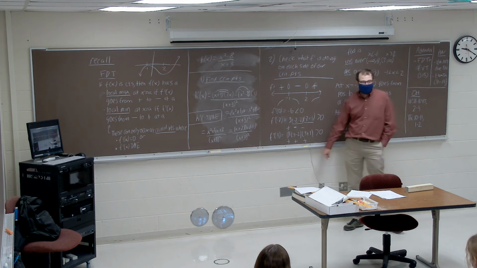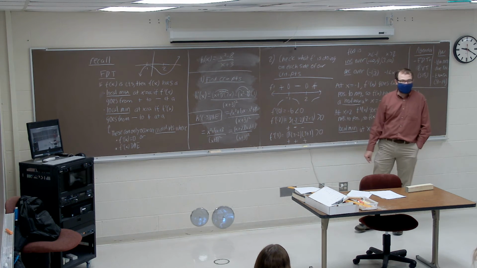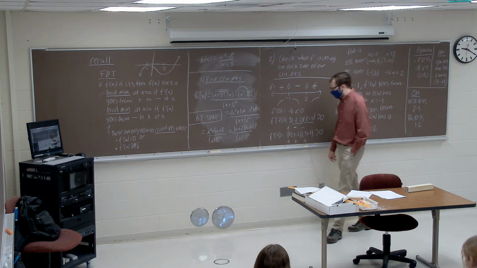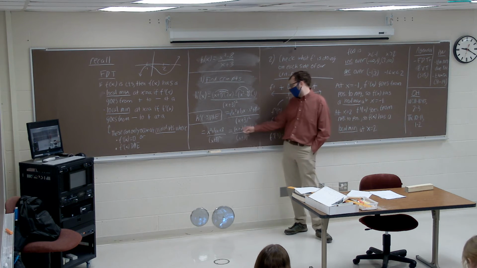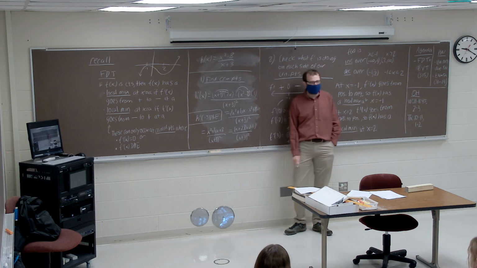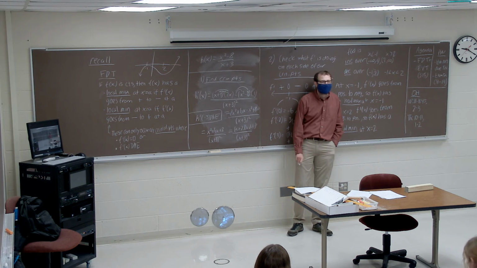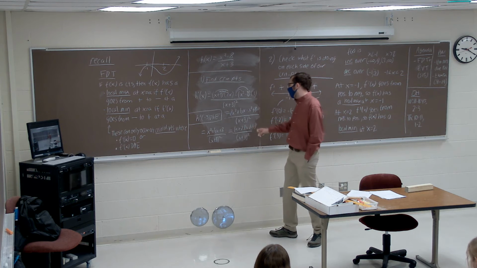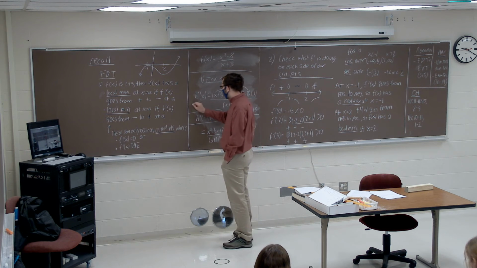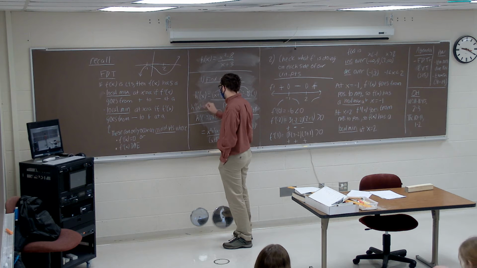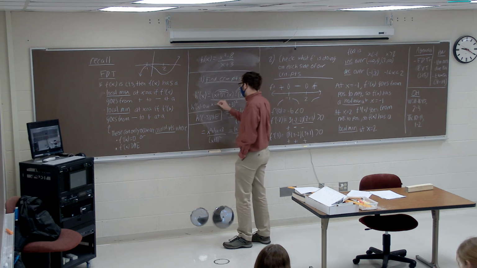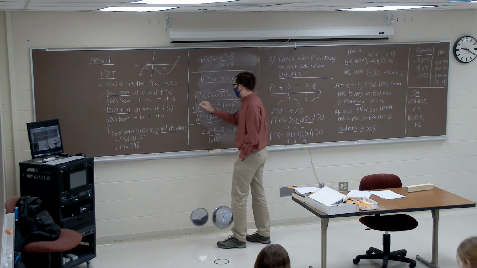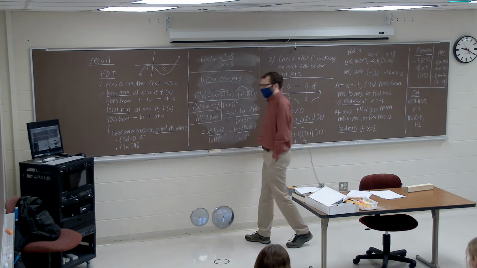What values of x now are going to make our numerator equal to 0? Our numerator is of the form x plus 2 times x plus 4. -2 and -4. Yeah, I think we're going to get -2 and -4. So we could say that h prime of x equals 0 at x equals -2 and -4.